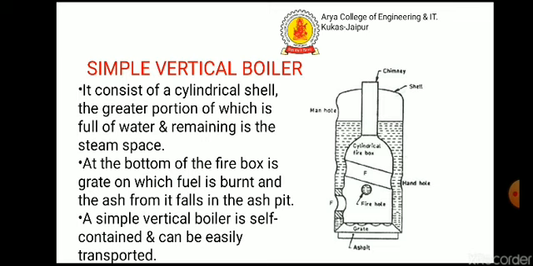At the bottom of the firebox is a grate, a platform inside the combustion chamber on which fuel is burnt, and the ash from it falls in the ash pit. A simple vertical boiler is self-contained and can be easily transported.